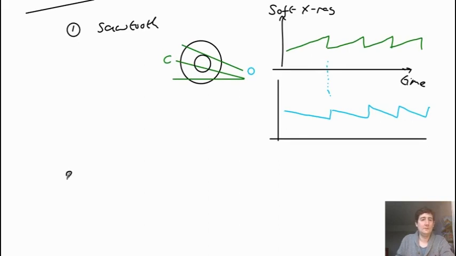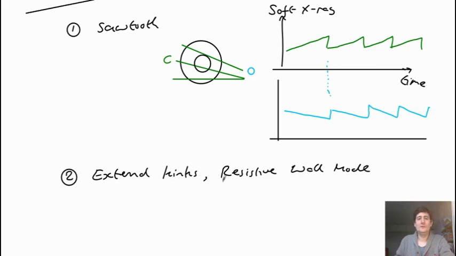The other kinds of instabilities that are commonly observed are things like external kinks, and the related instability, which is called a resistive wall mode. These often set the maximum performance of a machine because they're driven by a combination of the current and the pressure. So if you want to get to highest pressure, highest current, then this ultimately limits the performance.